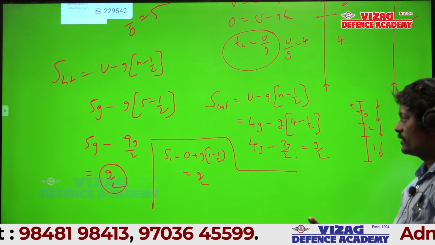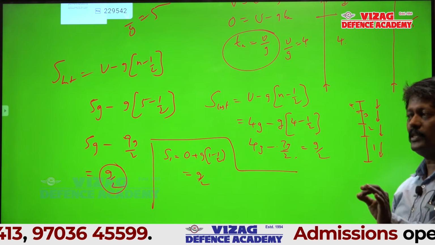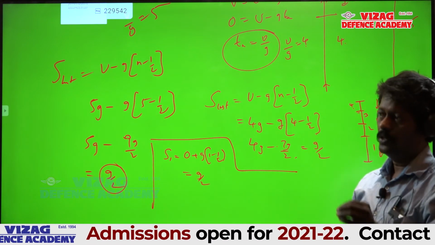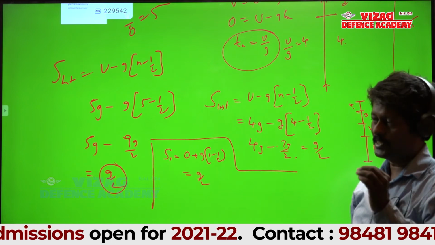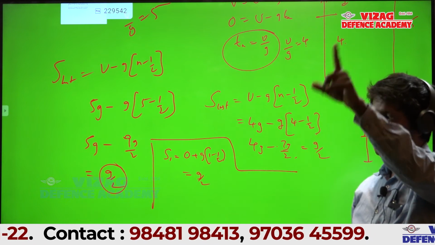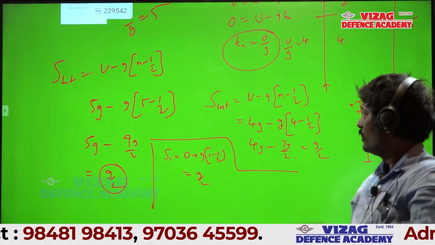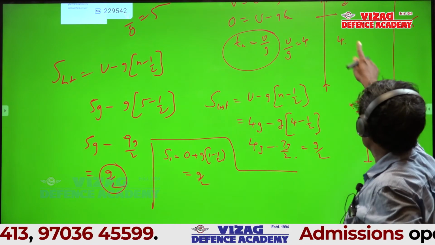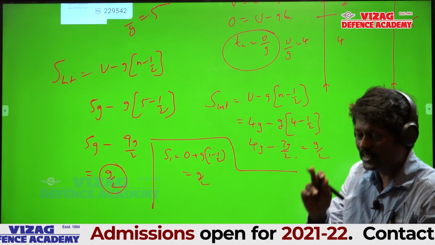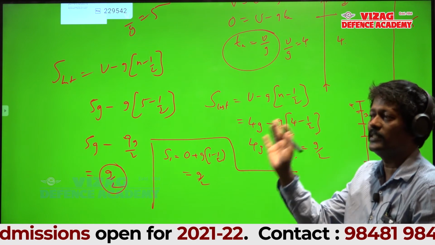The importance of this problem is that whether the time of ascent is 4 or 5 or 6 or 7, whatever it may be, the last second of ascent is D. In the fourth second it is D. In the fifth second, how much will it be? The last second is D only. That D is nothing but 4.9 meters.